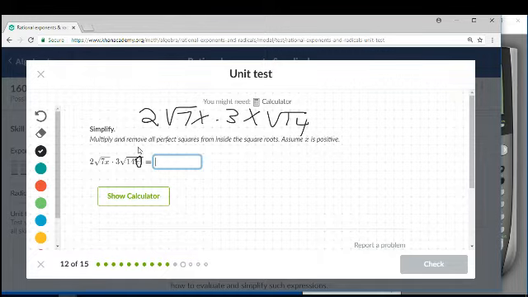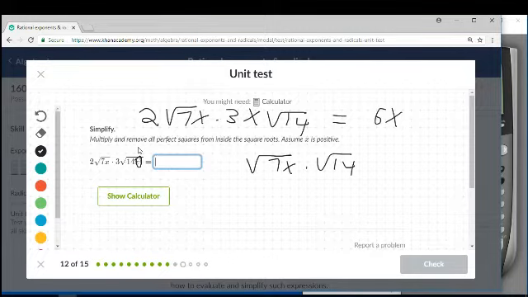So that can be rewritten as 6x, and then we have square root of 7x times the square root of 14, which is equal to, 7 times 10 is 70, 7 times 4 is 28, so the square root of 98x.